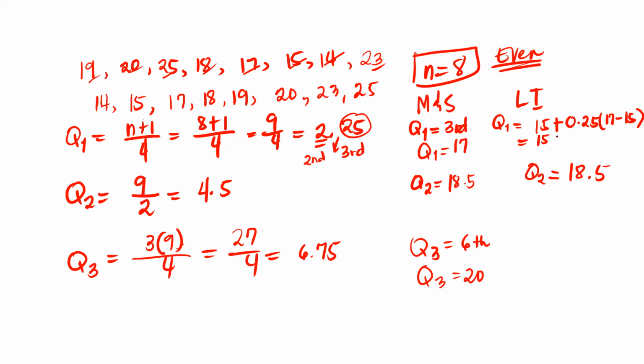So we have to get 15 plus the sum of 0.25 times 17 minus 15. Okay, so that's 0.25 times 2, that is 0.5. So we have 15 plus 0.5. Our first quartile is 15.5.